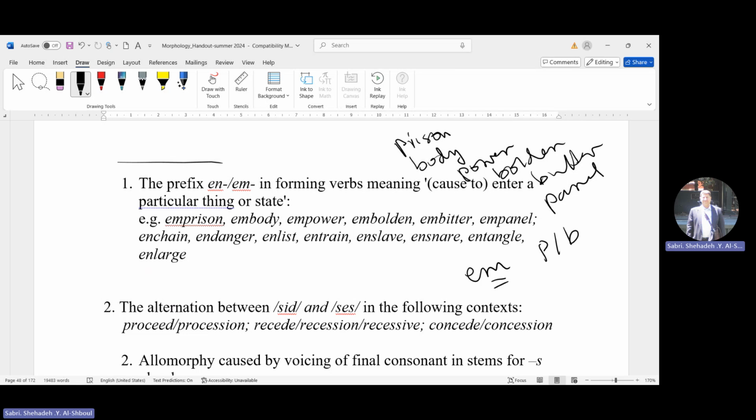If we describe it, we see that it has a bilabial feature. So we find that this morpheme is m. If we look into chain and danger, enlist, entrain, enslave, snare, tangle, large, we find that it is in.